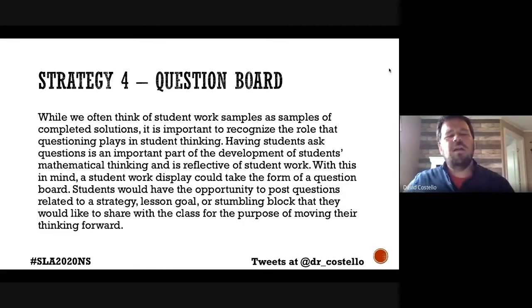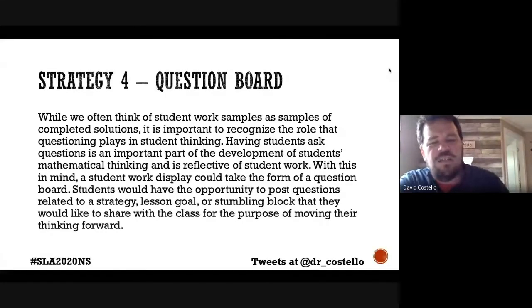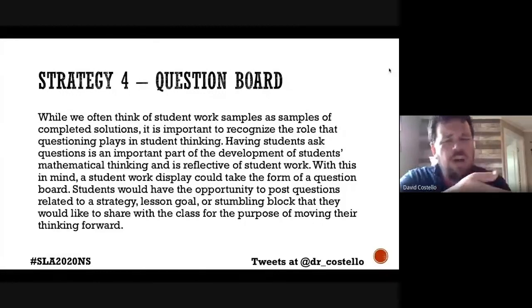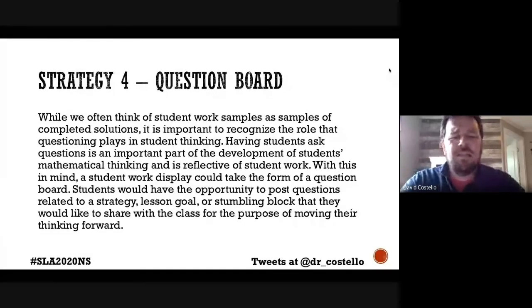With this in mind, a student work display could take the form of a question board. Students would have the opportunity to post questions related to a strategy, to the lesson goal, to a concept, or to a stumbling block that they would like to share with the class for the purpose of moving their thinking forward.